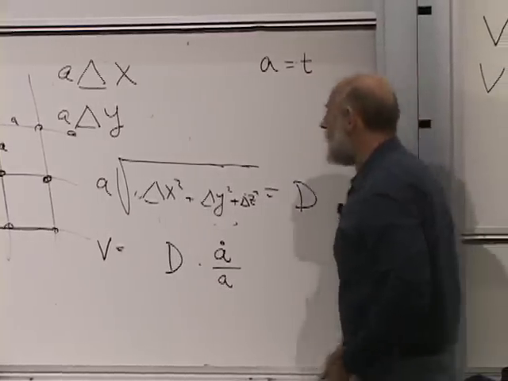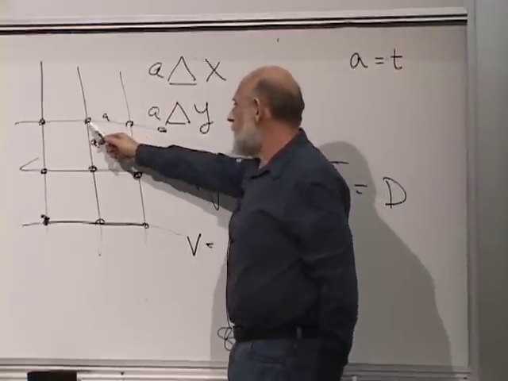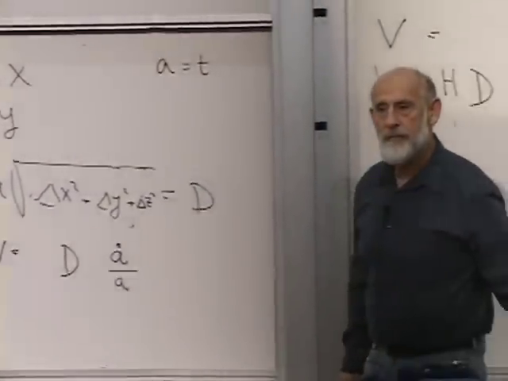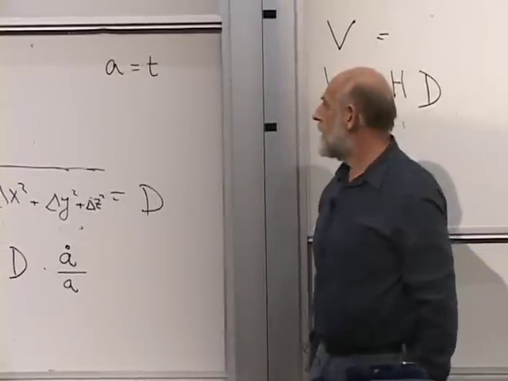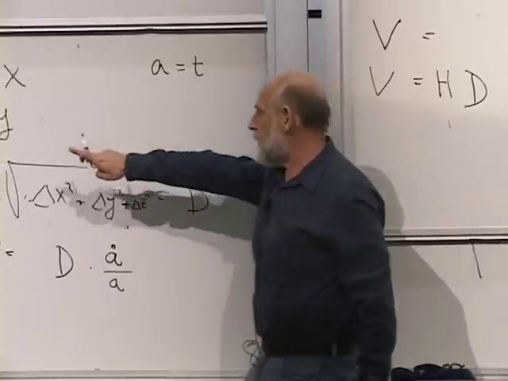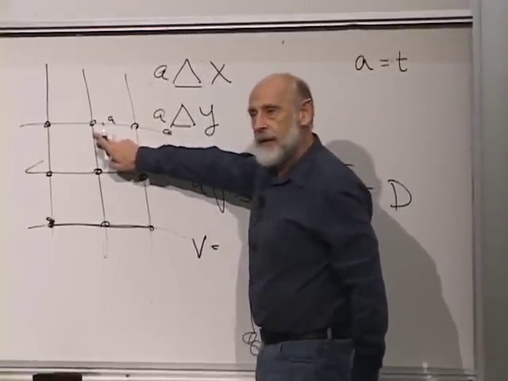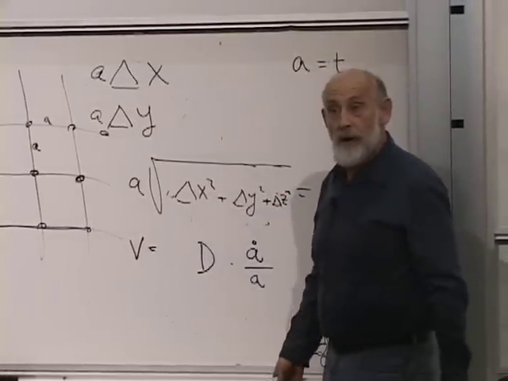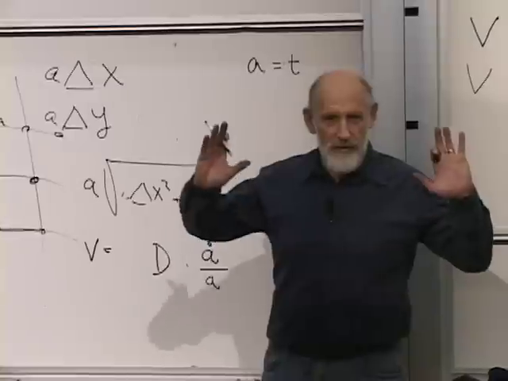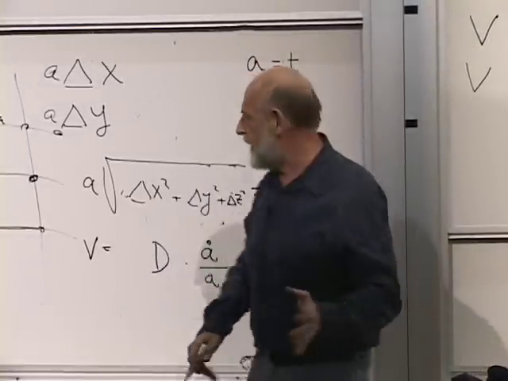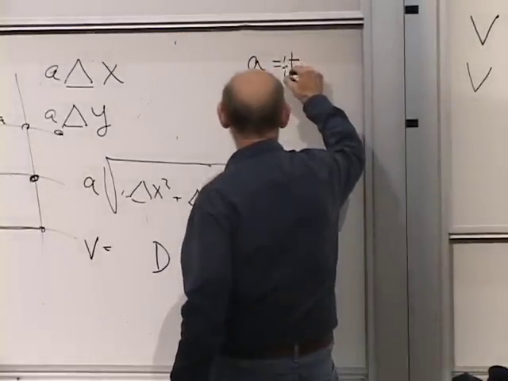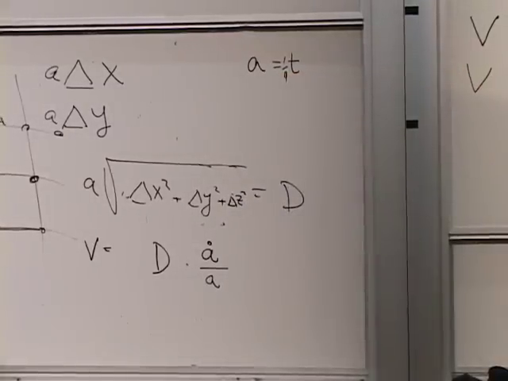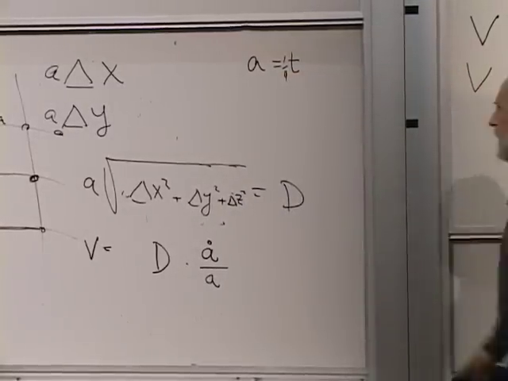Okay? What is the velocity between these 2 points? The distance between them is a, and the velocity is just da/dt, which is 1. Well, I don't want it to be 1 because 1 stands for the speed of light, so let's say a half or a quarter t. Supposing a was increasing like a quarter t. That's a perfectly good law.